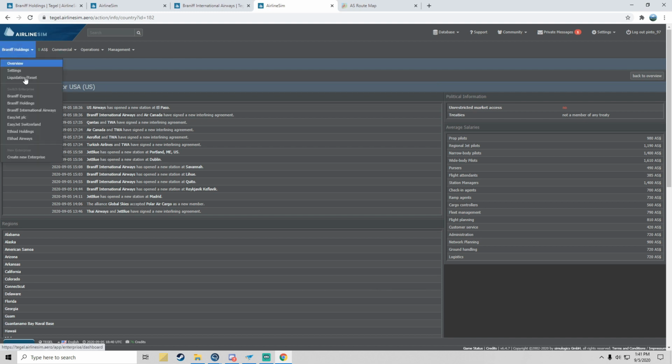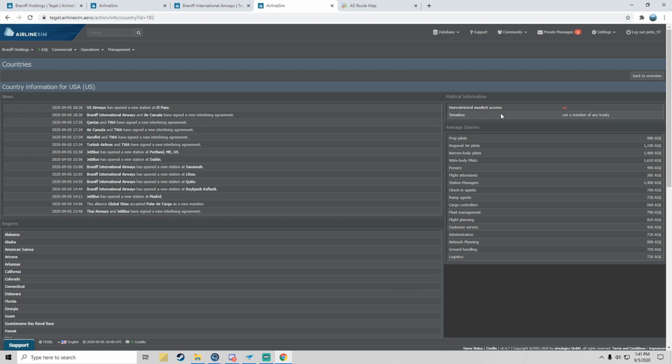So I have EasyJet under my umbrella, a different holding, completely separate from Braniff and Etihad. So if I wanted to set up EasyJet America, I couldn't do that. Well, technically you can, but what's going to happen is you're not going to have traffic rights. So you can set up flights and everything, but you will never get a single passenger.